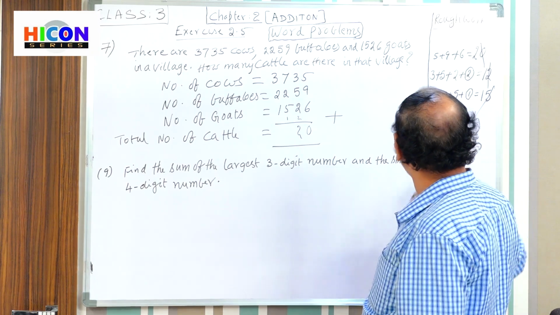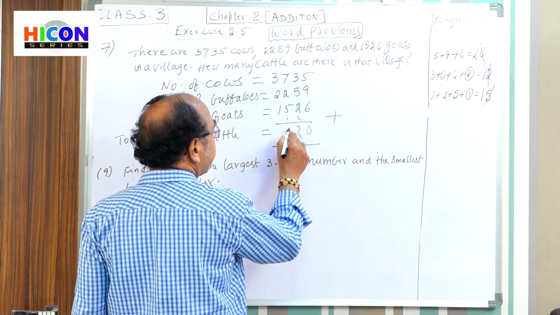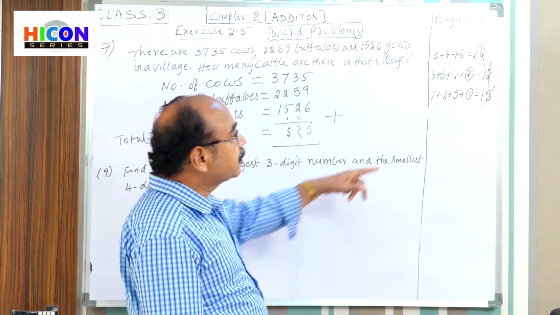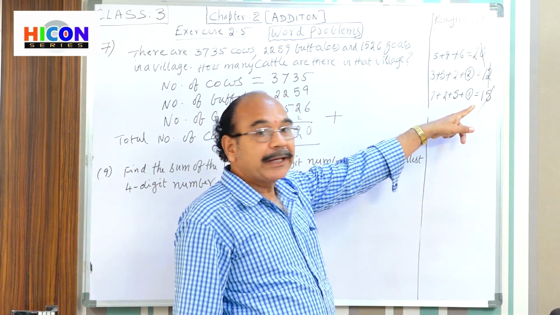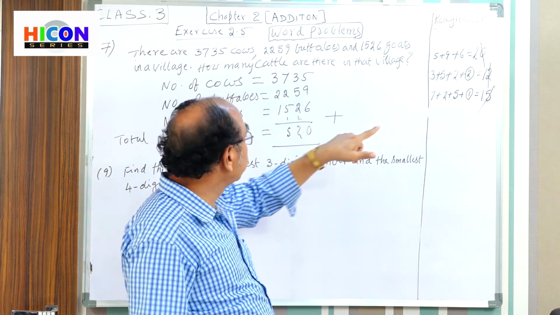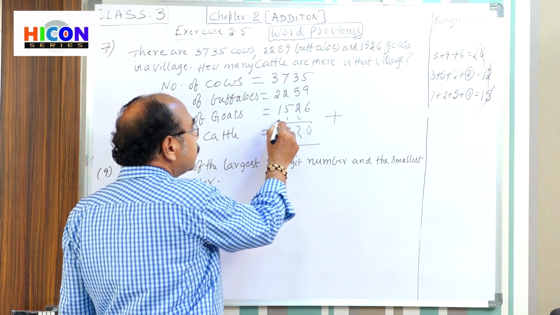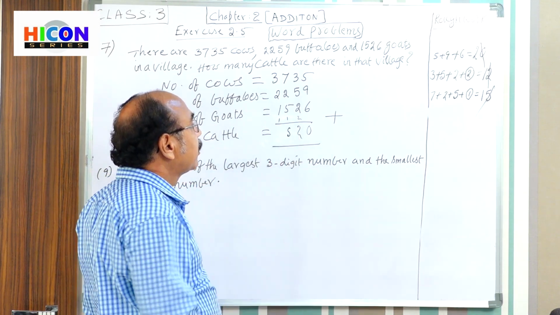Now strike off 5, and that 5 you write here. Now that 1 should be carried to the next place. That is, 1 we write in the thousands place.